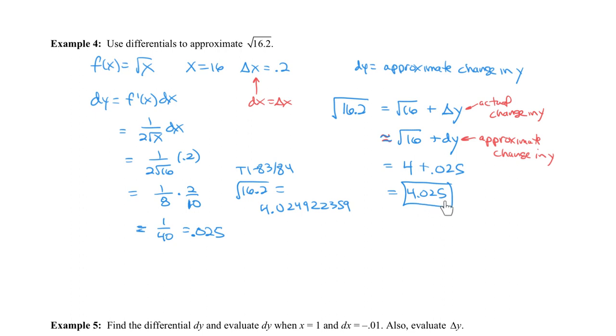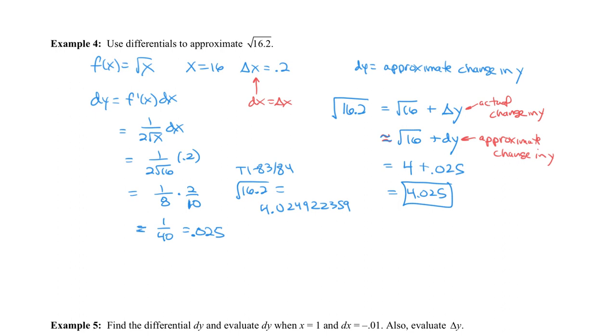We said 4.025. We could calculate that by hand, and to the third decimal place, it would round to the same amount. So again, fairly close. And of course, remember the differential. When you find this differential, it's the approximate change in the function, right? The change in the function as we go from 16 to 16.2.